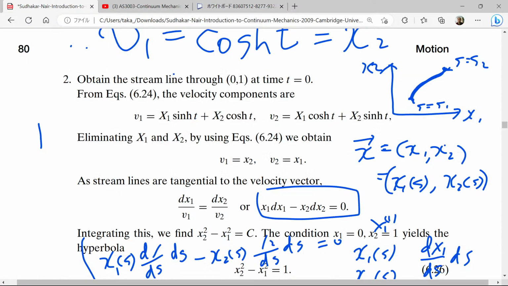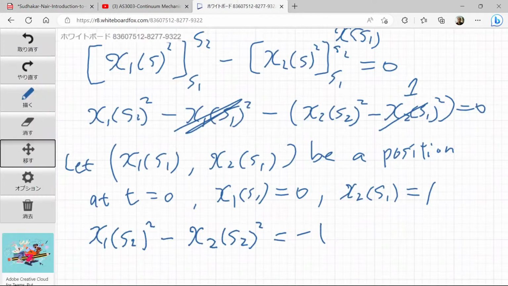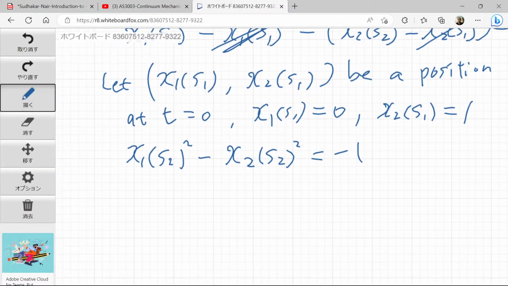Is it the same? Yes, okay. So we just rewrite this one: x2(s2) square minus x1(s2) square equals 1.